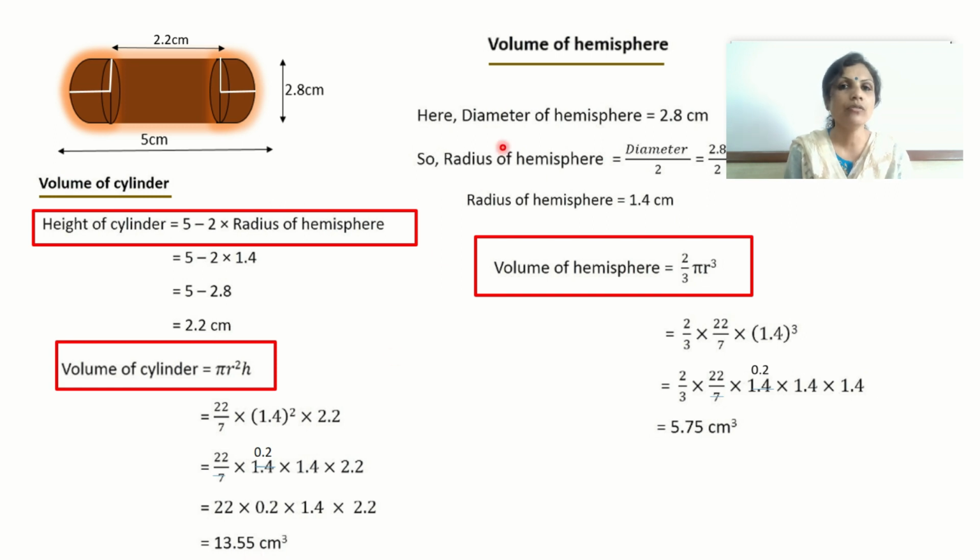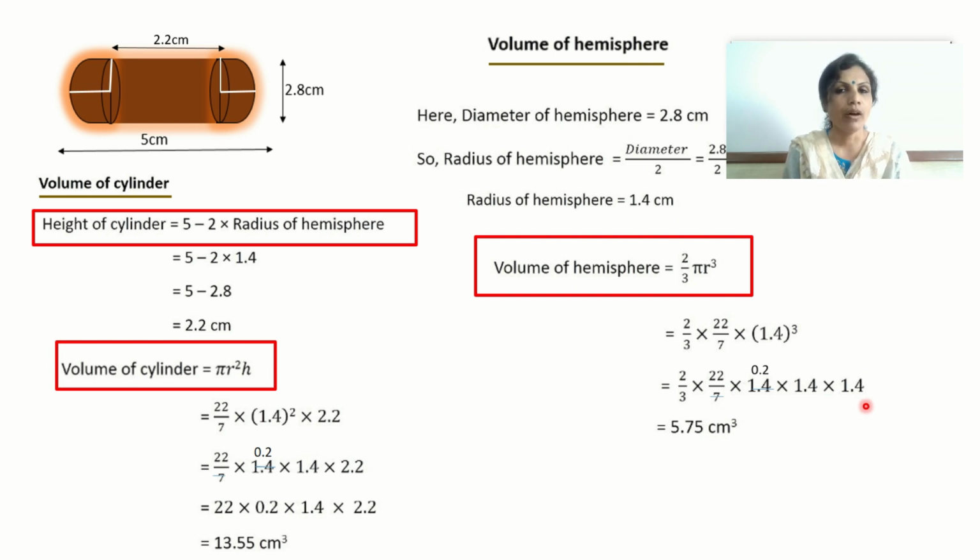Let us now find out volume of hemisphere. For that we will need radius, which is 1.4 centimeter. So volume of hemisphere is equal to 2 by 3 pi r cube. Let us substitute the values. 2 by 3 into 22 upon 7 into 1.4 the whole cube. Simplify it. So 2 by 3 into 22 upon 7 into 1.4 into 1.4 into 1.4.